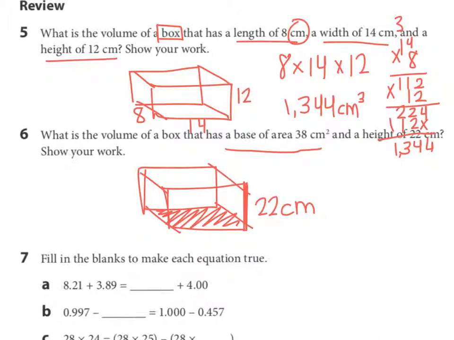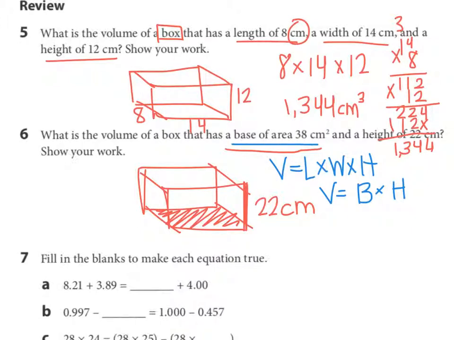I know that volume equals length times width times height, but I know volume also equals area of base times height. Therefore, I can take this area of base, 38, and multiply by the height to find my volume. So let's do that.